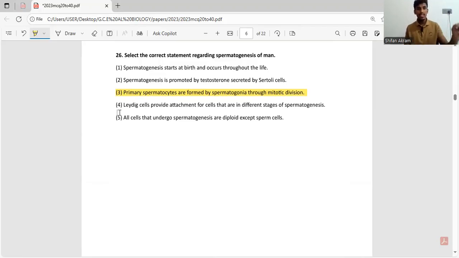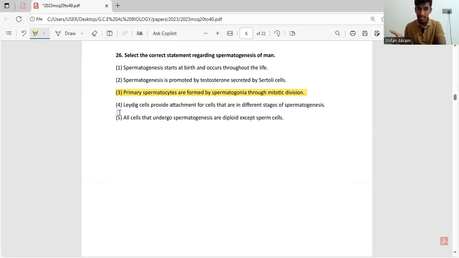Finally, we have: all cells that undergo spermatogenesis are diploid except the sperm cell. Okay, again this statement is wrong. Why? Because we know the primary spermatocyte, yes, is diploid, but the secondary spermatocyte has a haploid number of chromosomes. Again, the spermatids also have a haploid number of chromosomes.